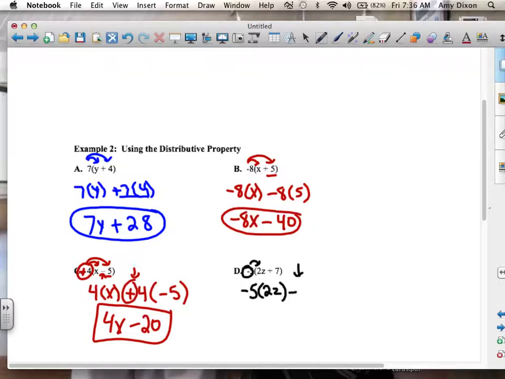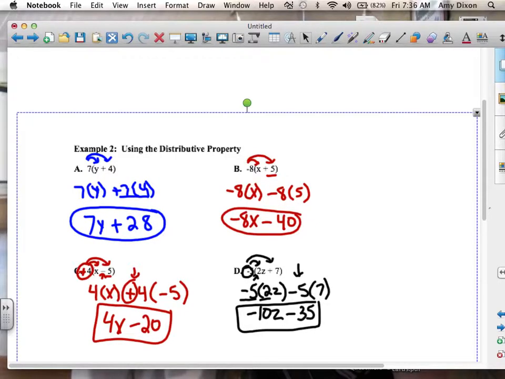It's the easiest way to do it. So we have a negative 5 times a 7. Okay. Now we go through and simplify. We get negative 10z minus 35. So it's no different if we have a number before the variable. We just multiply that by that negative 5 and we get the negative 10. Right, now we're going to just practice putting all this together.